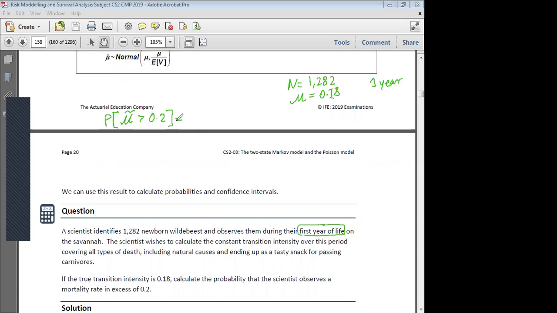And how can we do that? Any ideas? How can I figure out the expectation of V?